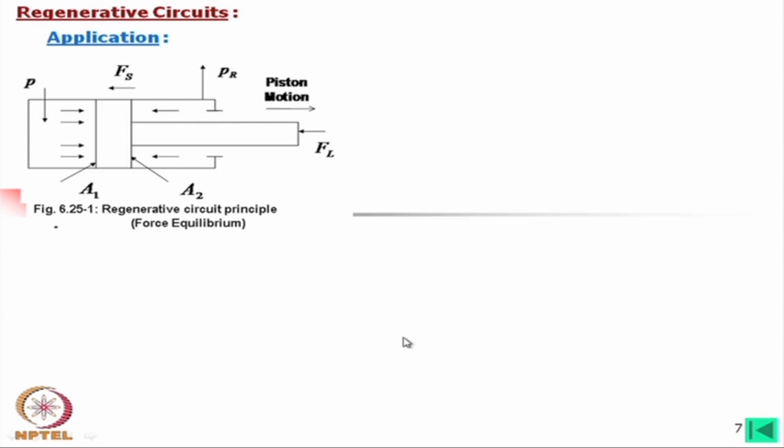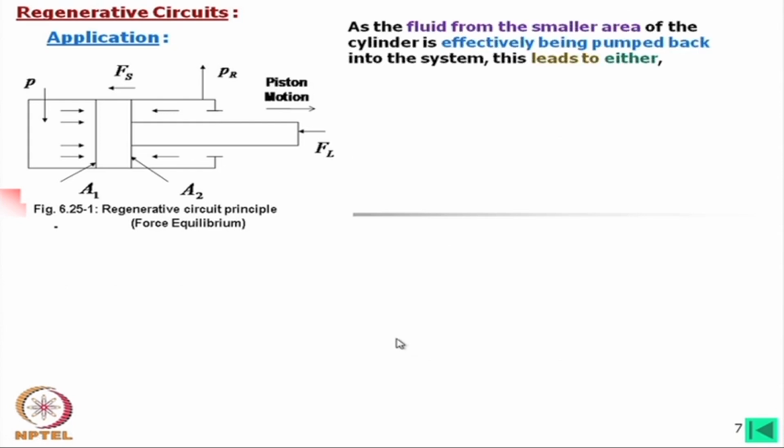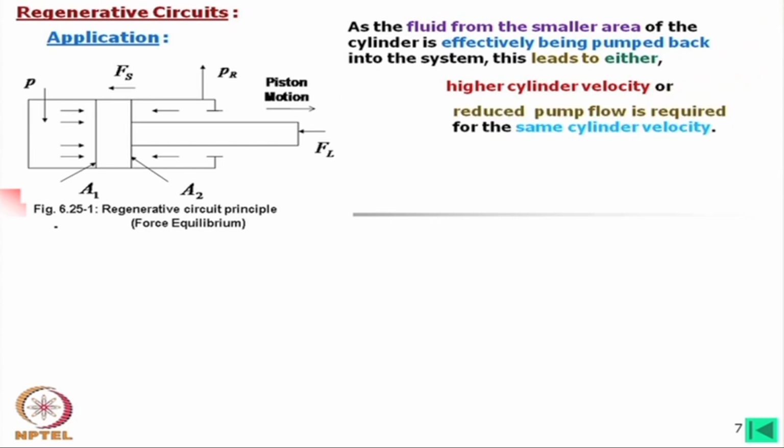Now, we will look into the applications. As the fluid from the smaller area of the cylinder is effectively being pumped back into the system, this leads to either higher cylinder velocity or reduced pump flow being required for the same cylinder velocity.